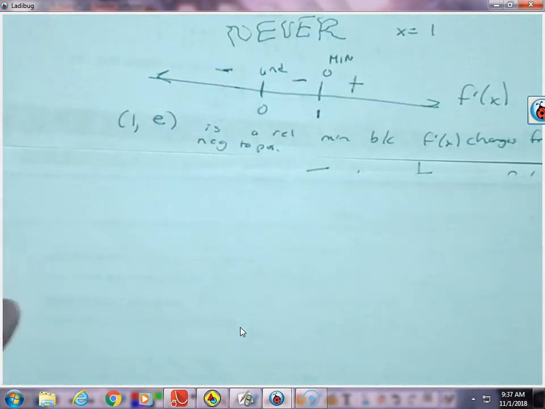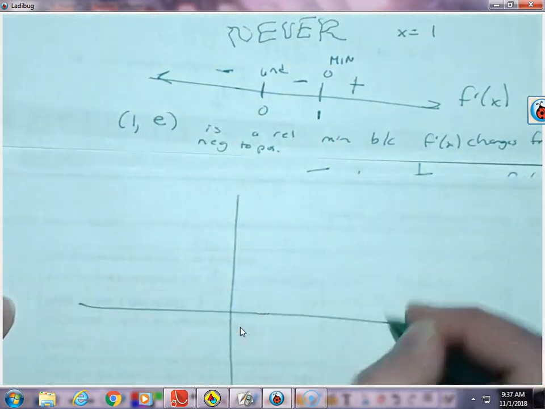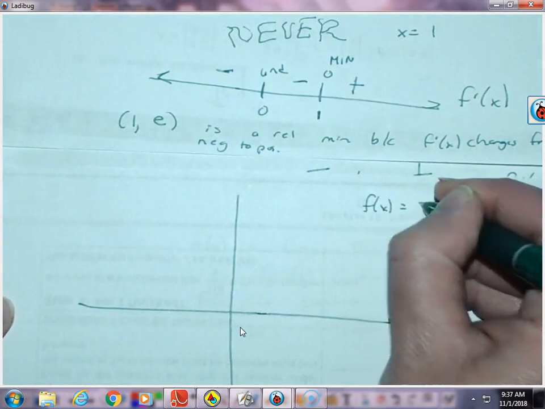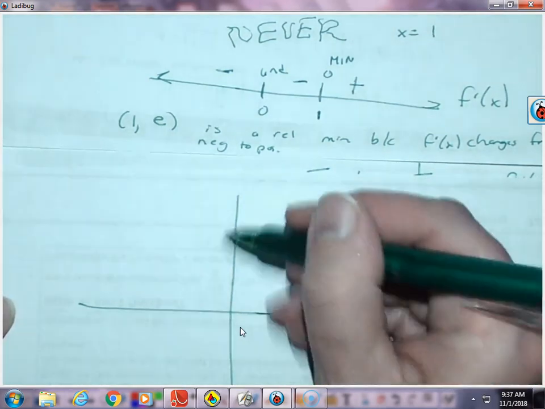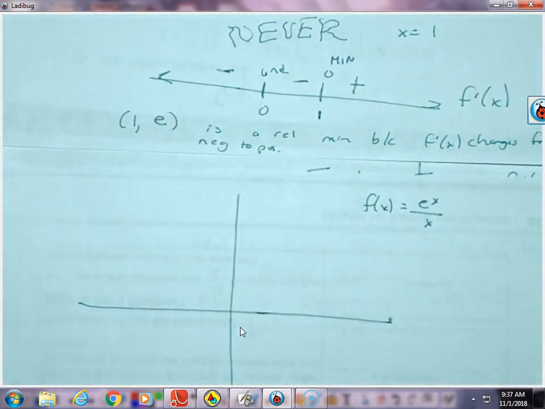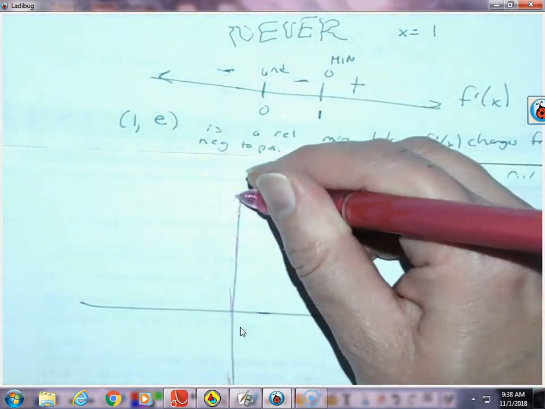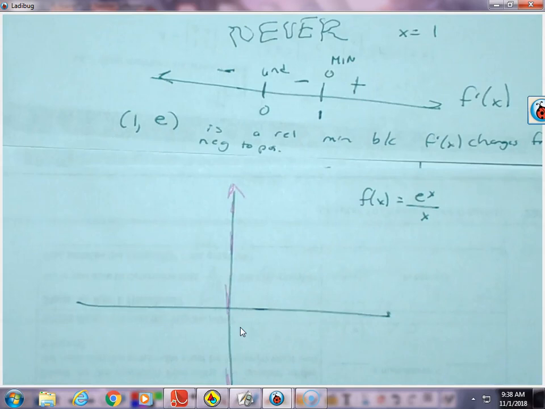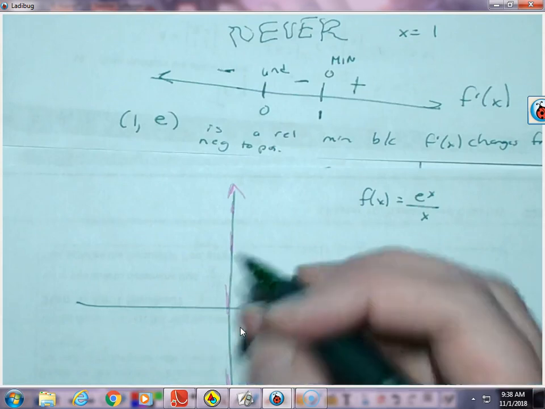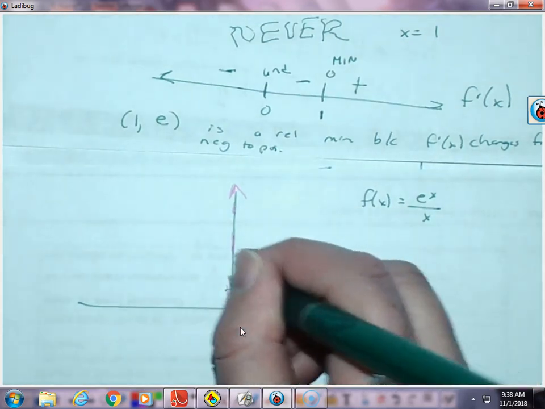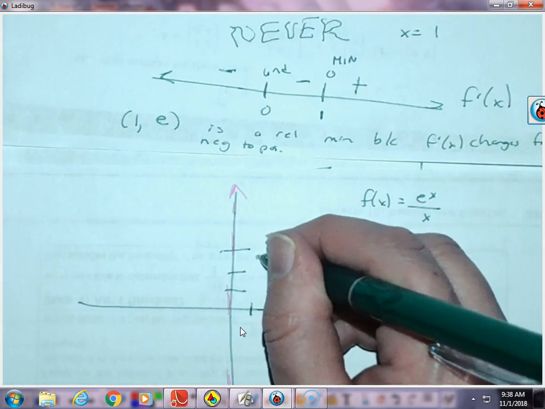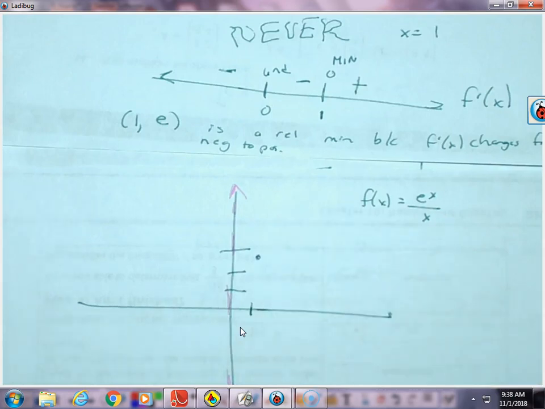I do know that I have a vertical asymptote at x equals 0, because this is the original function. I also know that the only point we found was 1 comma e. So that's around here. That's the literal only point that we got out of all of that stuff.